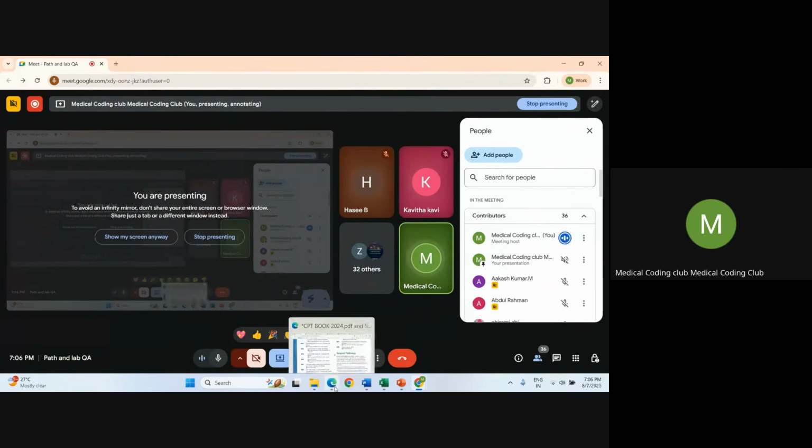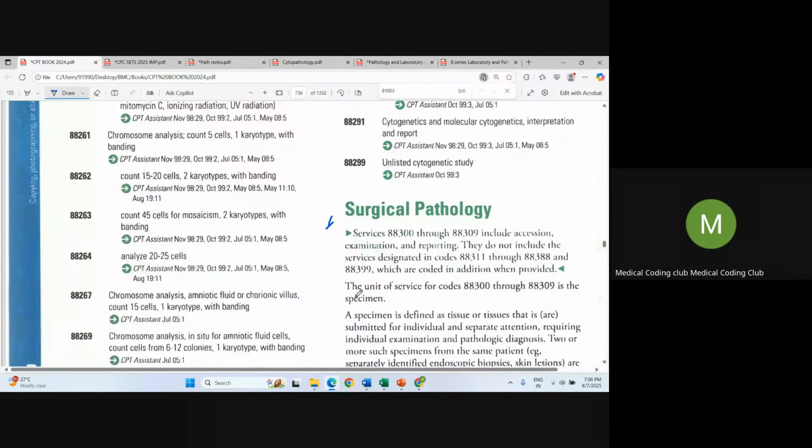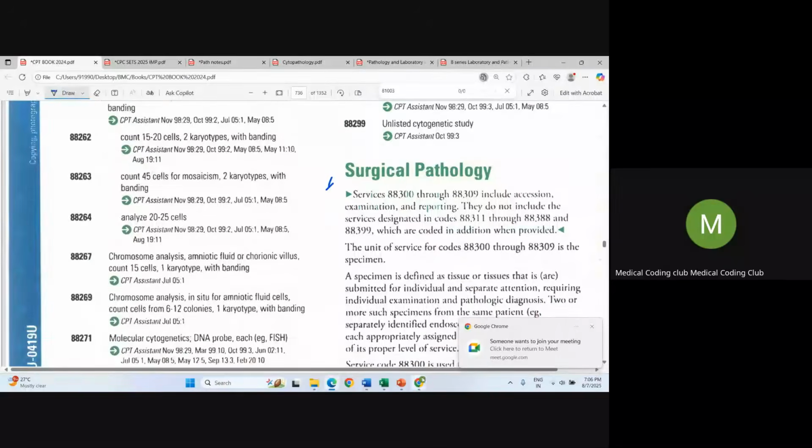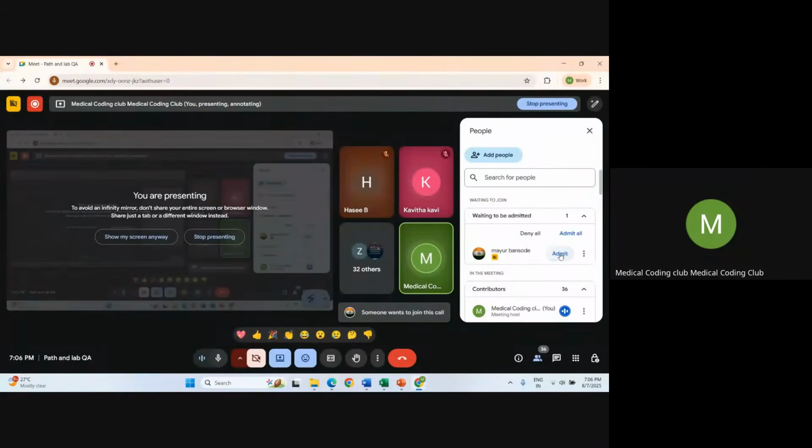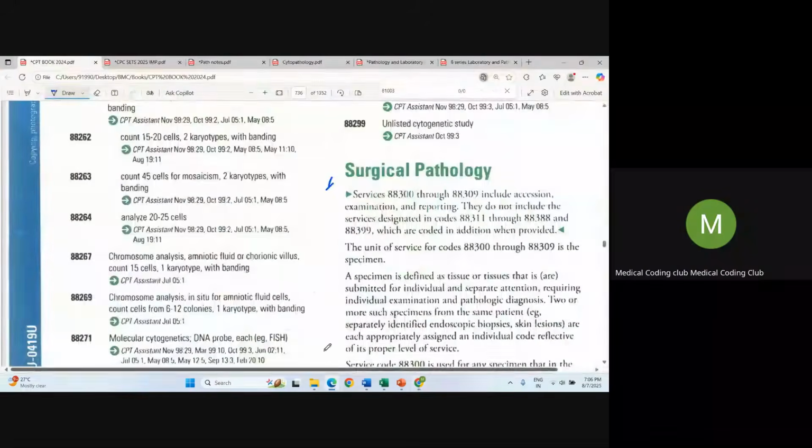And here in surgical pathology, there are two techniques you are all already familiar with. One is gross examination, another one is microscopic examination. As you know, gross examination means visual inspection of the specimen, just through optical observation.